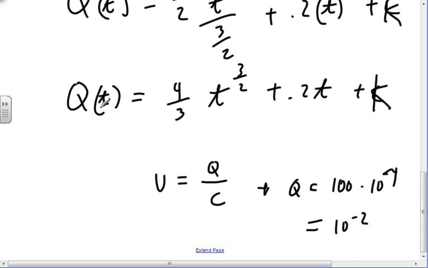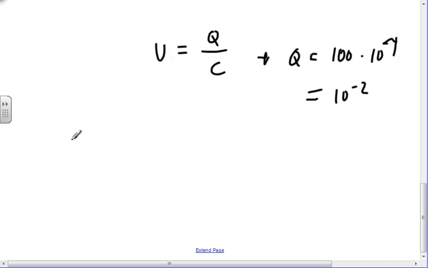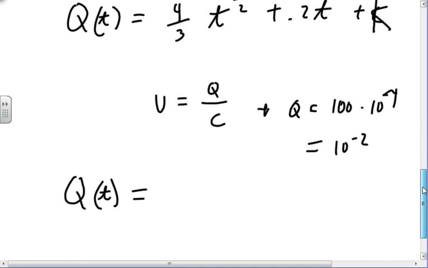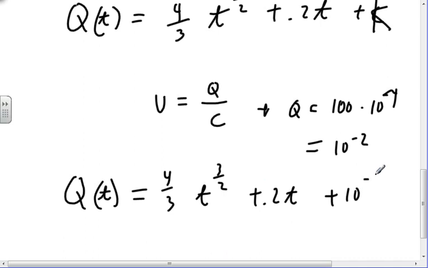So Q at 0 is 10 to the minus 2nd. So Q of t is going to be 4/3 t to the 3/2 plus 0.2 t plus 10 to the minus 2.